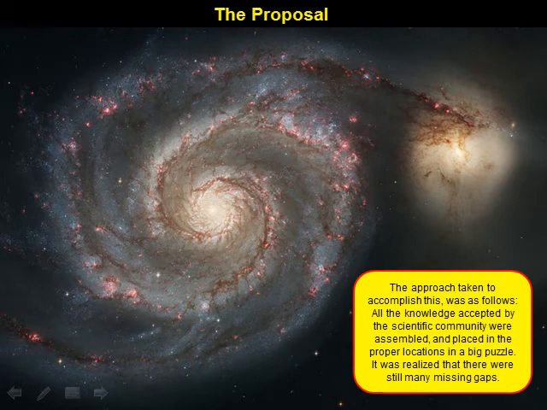The approach taken to accomplish this was as follows. All the knowledge accepted by the scientific community was assembled and placed in the proper locations in a big puzzle. It was realized that there were still many missing gaps.